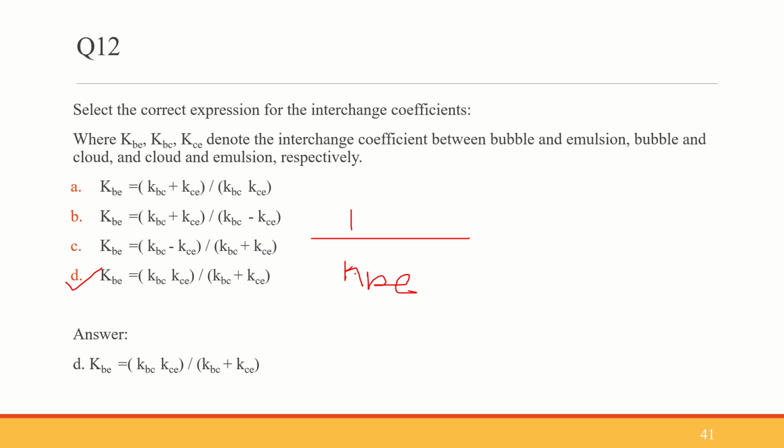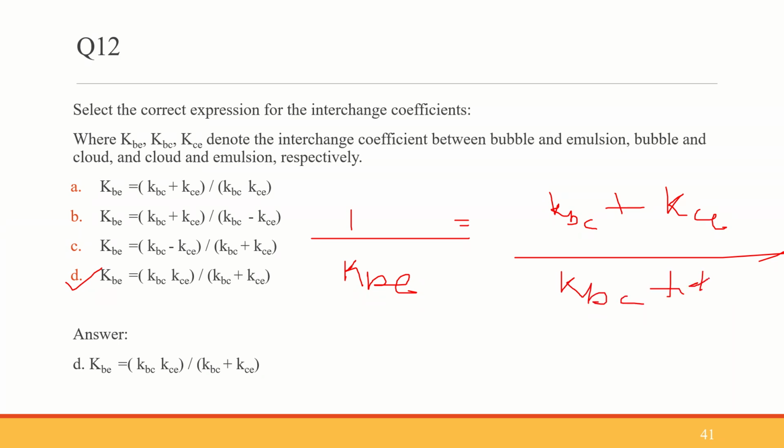So it would be 1 by KBE equal to KBC plus KCE divided by KBC into KCE, that is equal to 1 divided by KCE plus 1 divided by KBC. It is easier to remember this than this. So KBE is equal to KBC into KCE divided by KBC plus KCE.